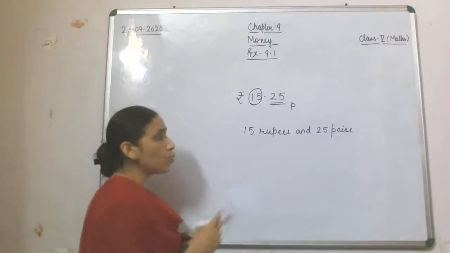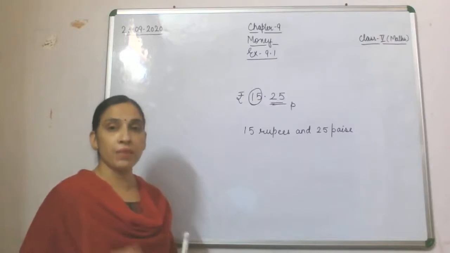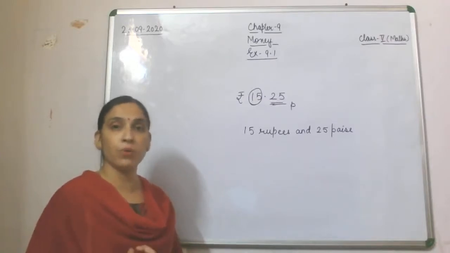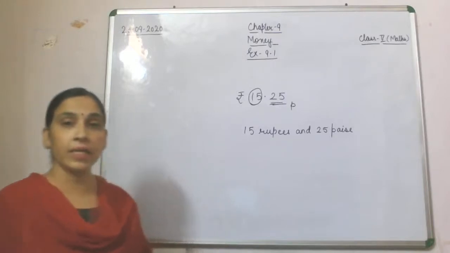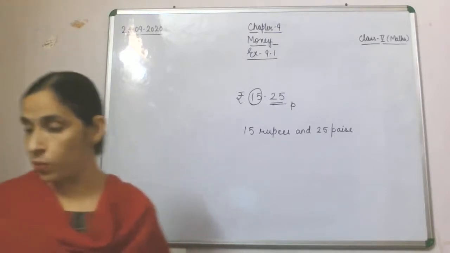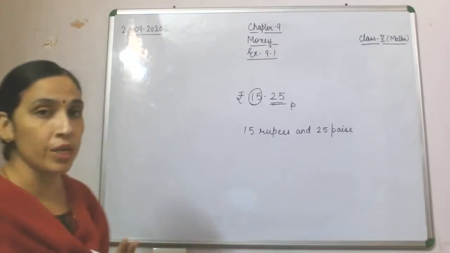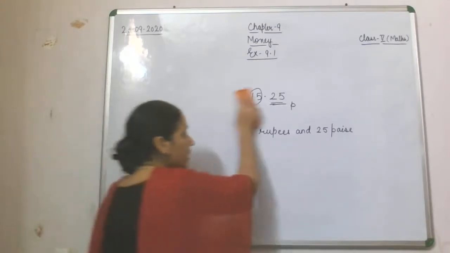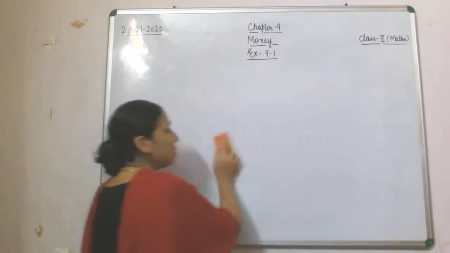That is the plural of paisa. So after that we saw how to write it in words and how to write it using decimal, and we started our exercise 9.1, in which we did the first two questions, writing it using decimal and then using words.